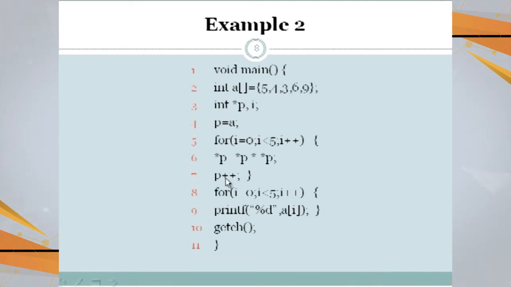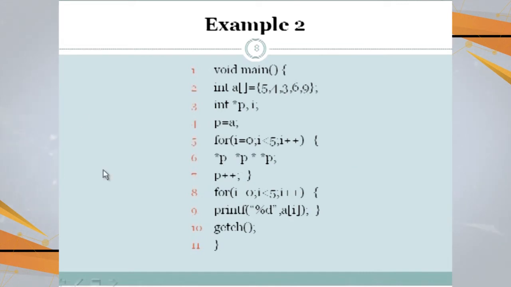Then p++ will move the pointer variable to the third element of the array. Then i++ will change the value of the loop counter. The value of the loop counter will become 2, 2 less than 5. Yes, the condition is true. And now *p is pointing to the third element of the array.